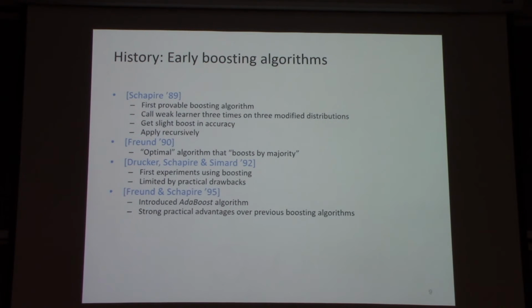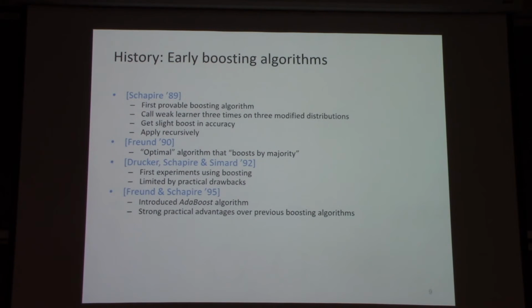In 95, 7 years after the question was raised, Freund and Schapire teamed up and introduced an algorithm called AdaBoost that was not just practically easy to implement, but also gave better guarantees. It answered this question in a concrete way.